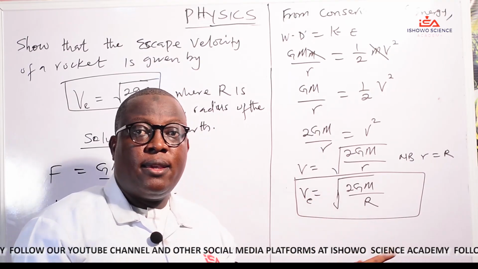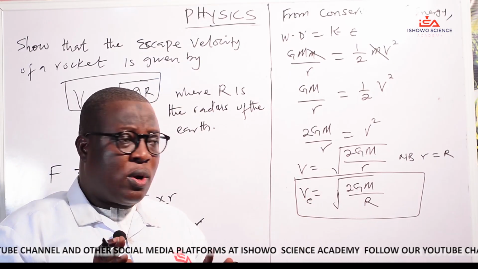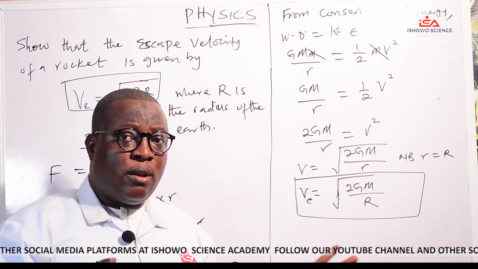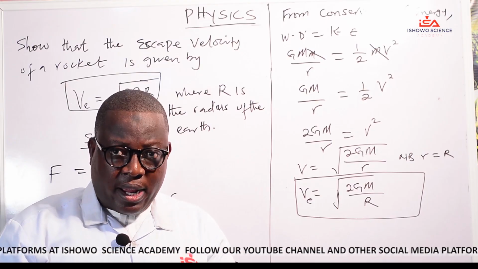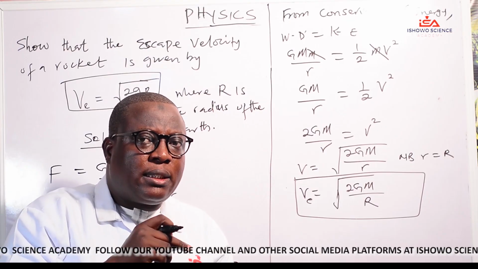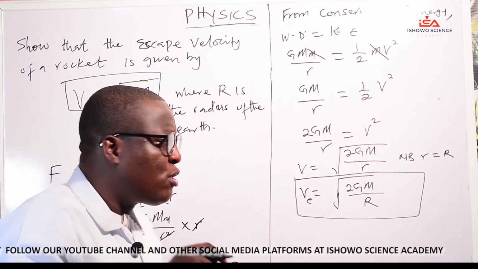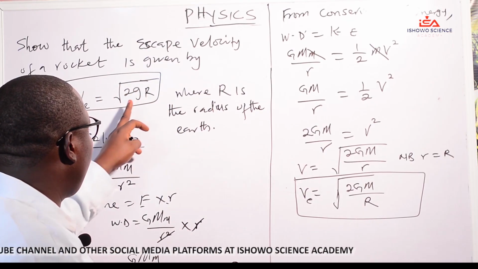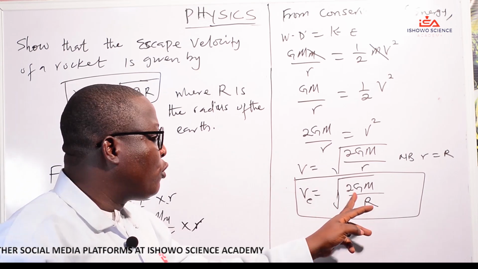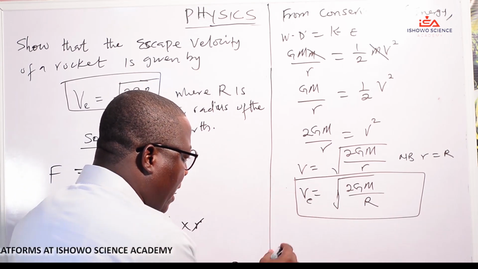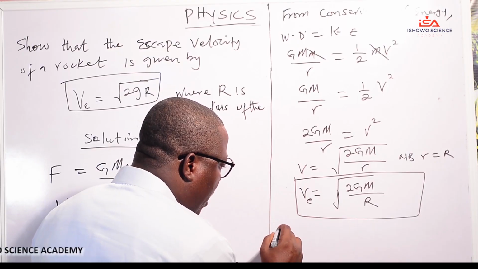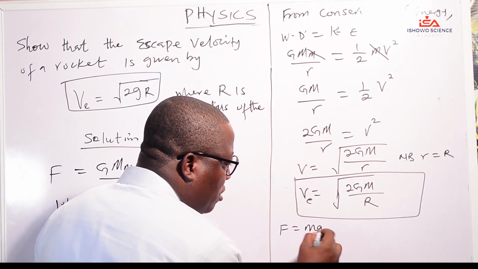This formula is also very correct to calculate the escape velocity of a rocket or of a satellite. But there is a particular one the question asks us to prove, which is the square root of 2gR, not the square root of 2GM over R. You will now come here. Recall that F equals mg.